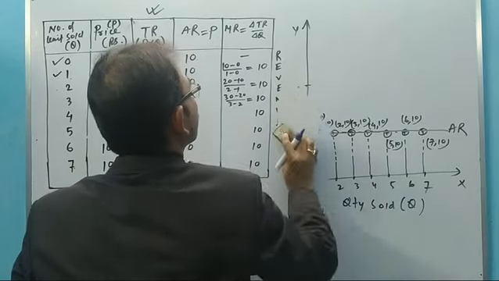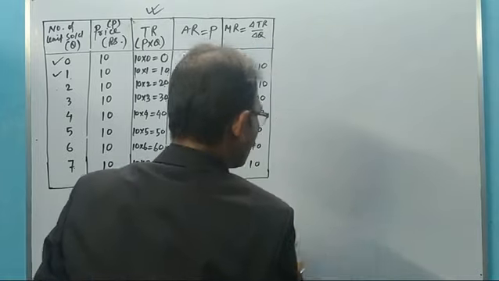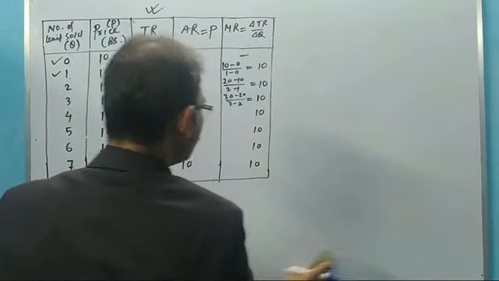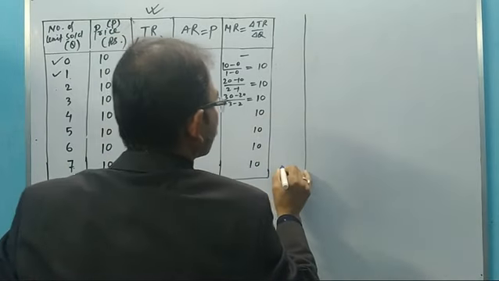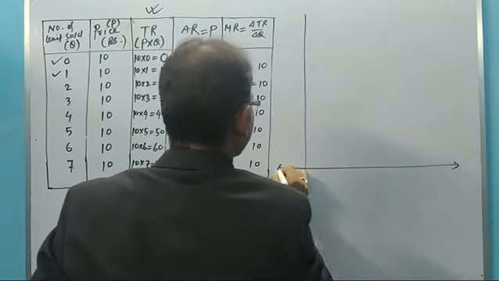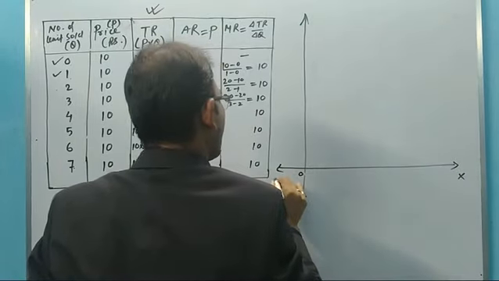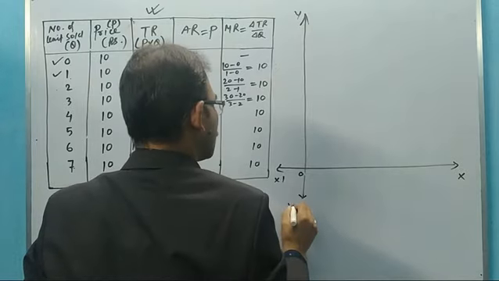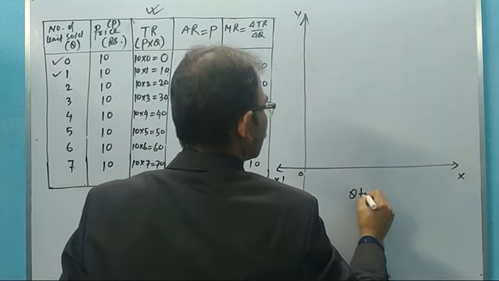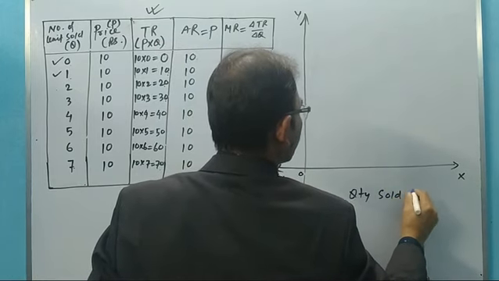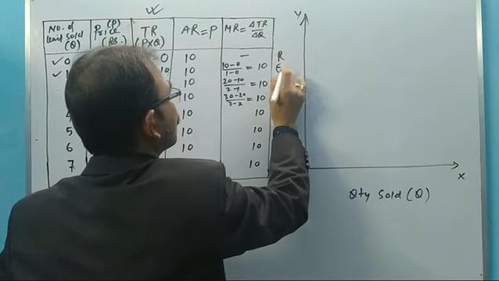Now the MR curve, marginal revenue curve. So same process: X axis and Y axis. X axis is quantity sold Q and Y axis is revenue.